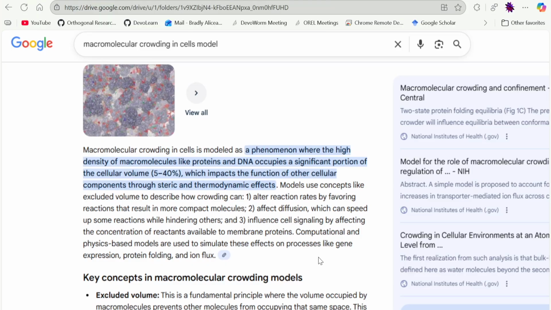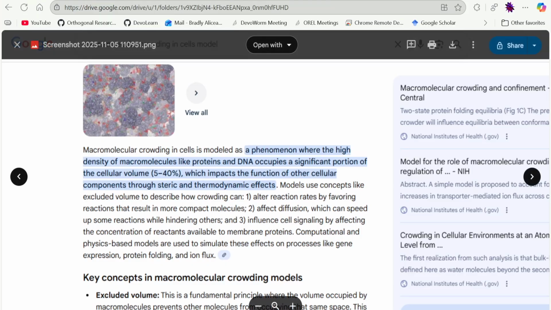We're on a planet with an atmosphere, which is kind of like our cytoplasm for the planet. It's a bad analogy, but you get my point. The more clouds or haze there are in the sky, the harder it is to get sunlight, and the harder it is to see the stars at night. So this can affect a lot of things, anything from reaction rates to diffusion to cell signaling.